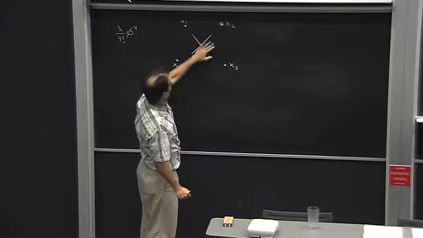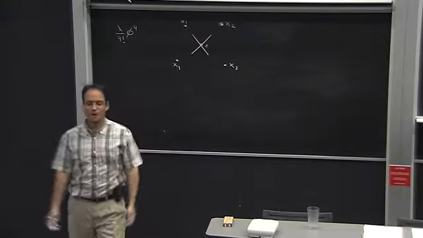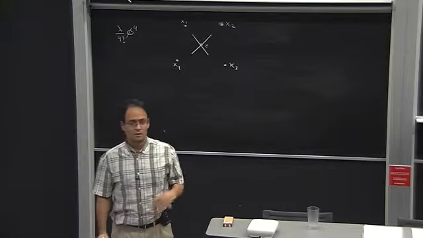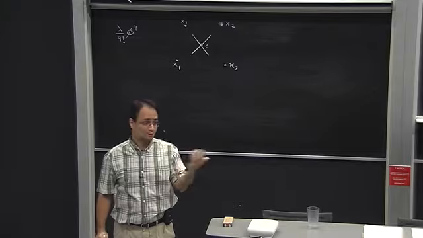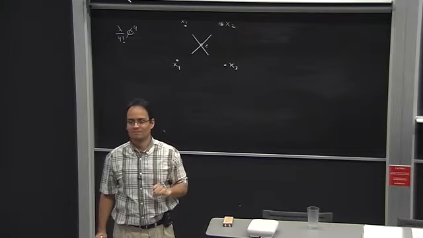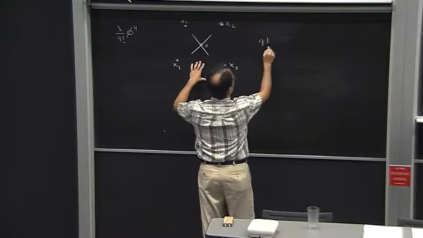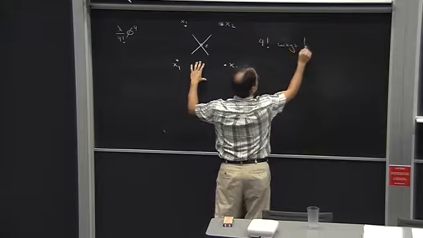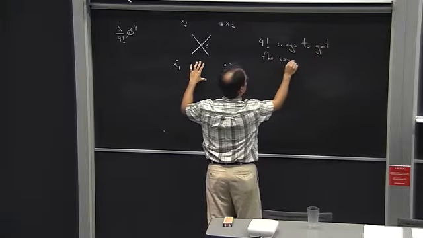So these 4 legs have to go to these 4 points. How many ways are there to send these 4 guys into those 4 points? There are 4 factorial, and each of them gives the same answer. So 4 factorial ways to get the same answer.